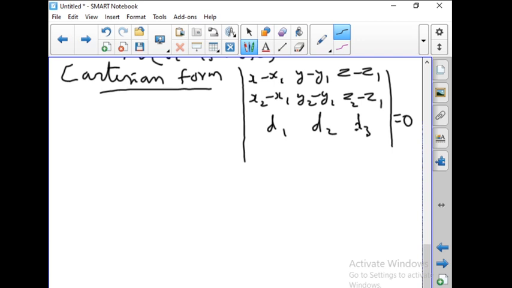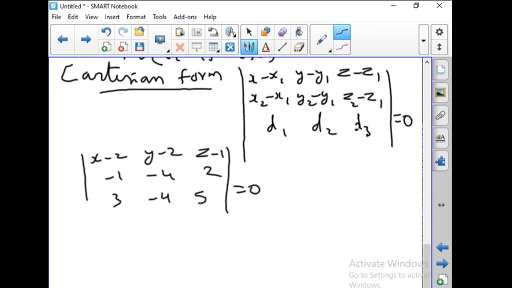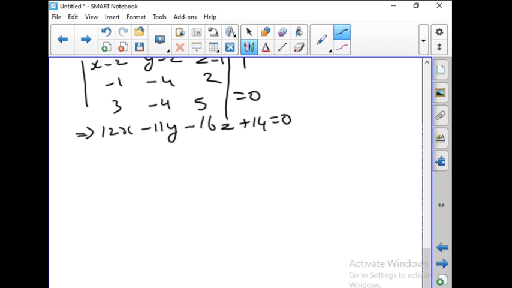So the determinant of x minus 2, y minus 2, z minus 1; minus 1, minus 4, 2; 3, minus 4, 5 is equal to 0. Expanding this, finally we get 12x minus 11y minus 16z plus 14 is equal to 0. So expand it same as the previous one.